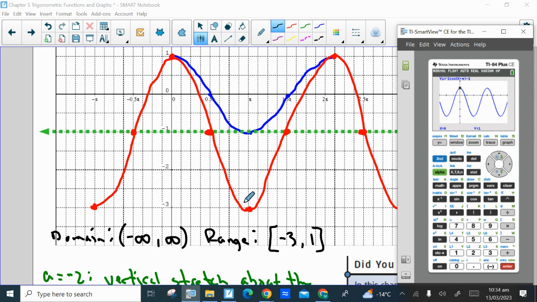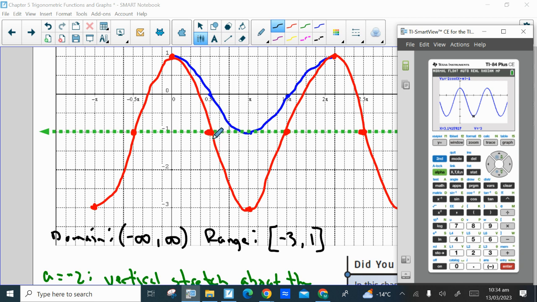Let's check this minimum point here, which is at pi radians. If I let x equal pi, y should equal -3, and it does. So I've checked a maximum, I've checked a minimum. Let's check this point here where x is half pi, 0.5 pi.